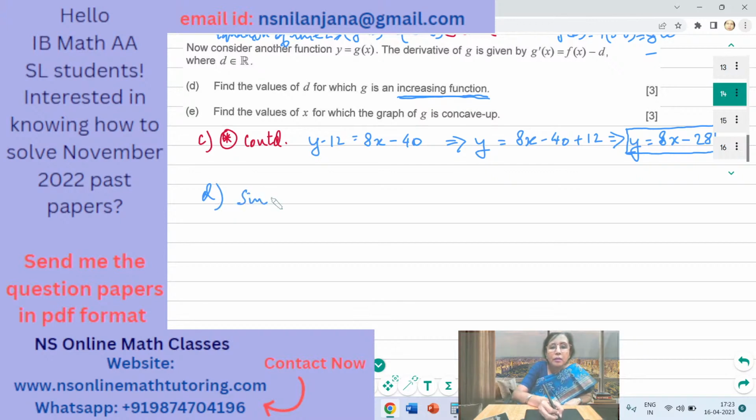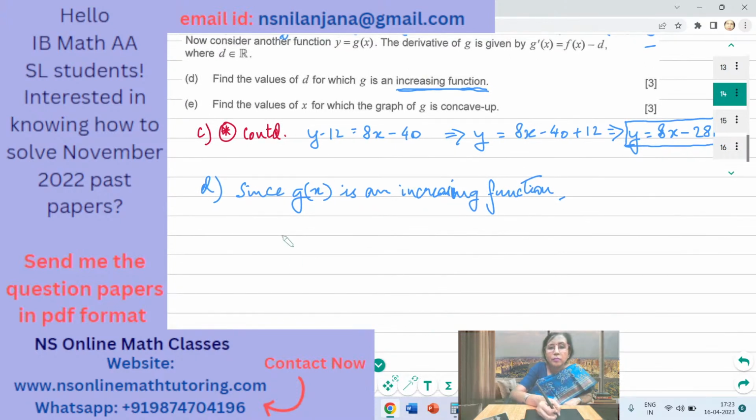Since g of x is an increasing function, therefore g dash x should be greater than 0.